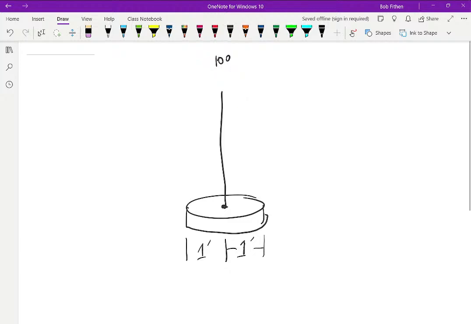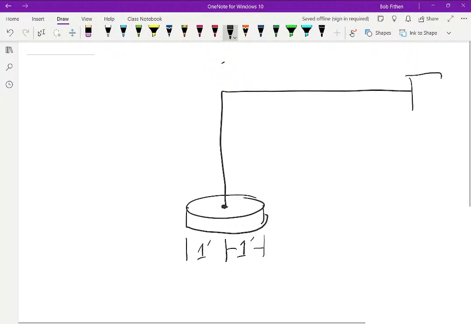Then what you do is you take your 100 pounds and you move it out here. I'm going to be extreme. We're going to move it out here 1,000 feet. So it's more than the length of a football field.